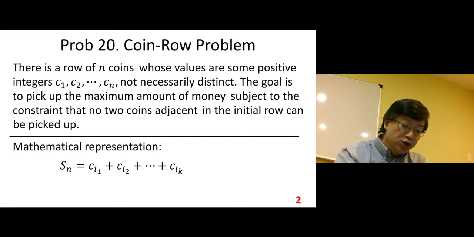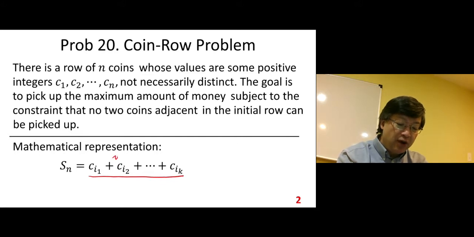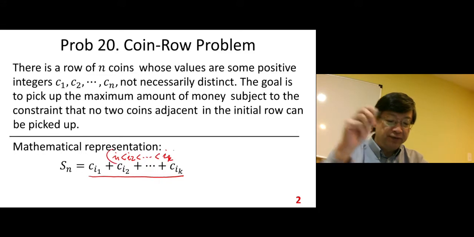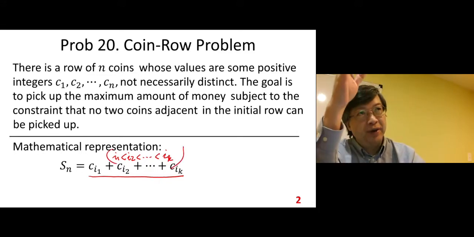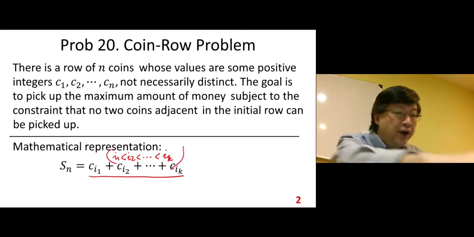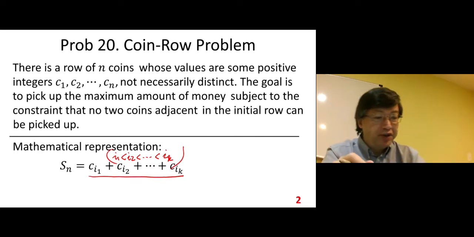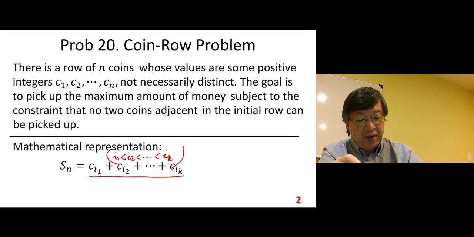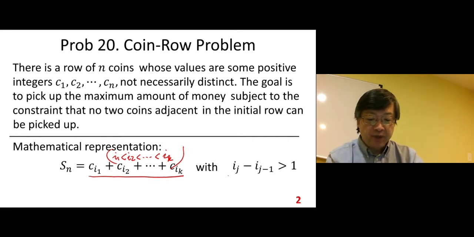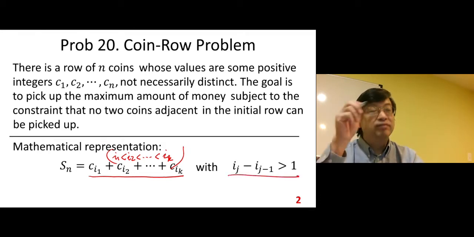Let us assume these subscripts are in increasing order: 1 ≤ i1 < i2 < ... < ik. Then no two adjacent coins are selected translates into this: i_j minus i_(j-1) greater than 1.